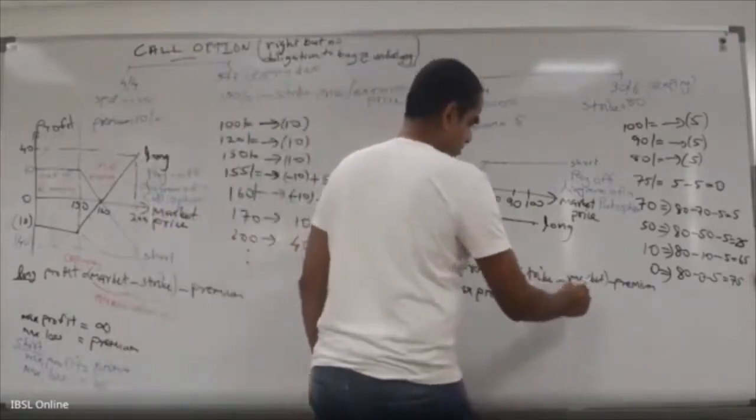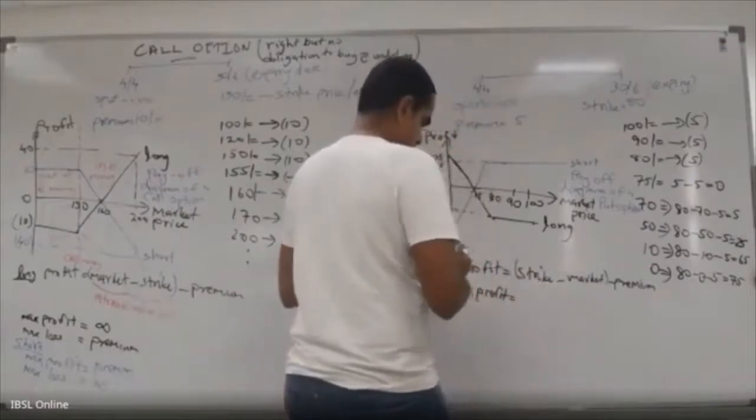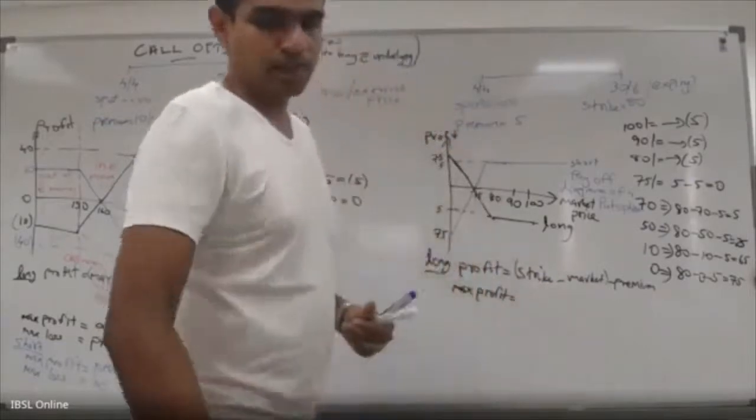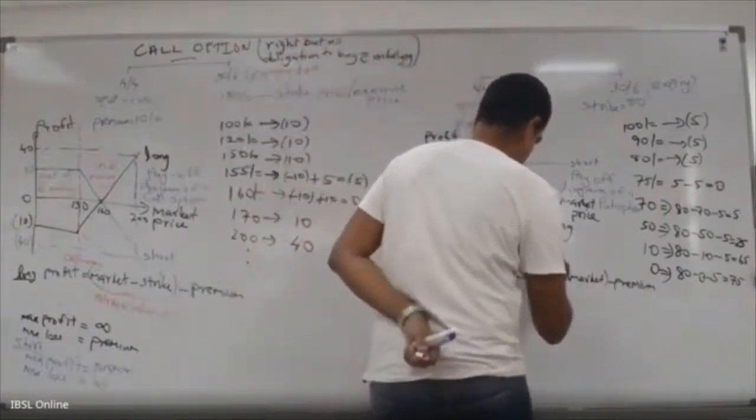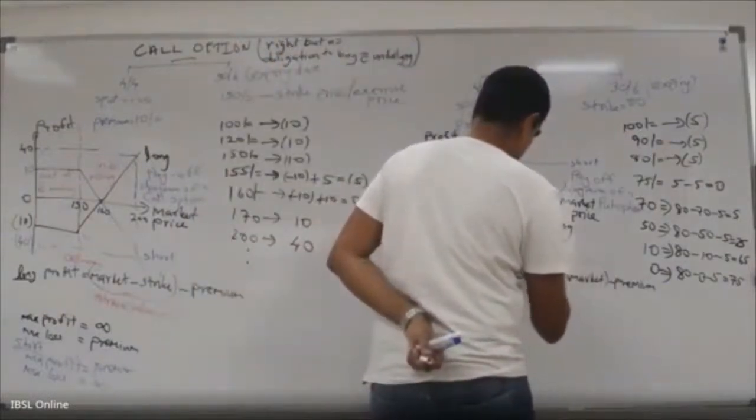Sorry, before that, strike minus market once again is called intrinsic value. It will always be a positive number. It can never be negative.